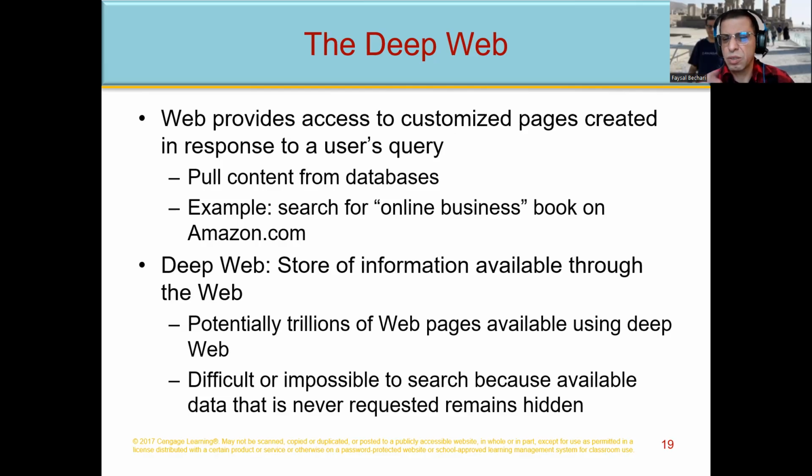Potentially there are a trillion web pages available in the deep web, which most of the time people do not have access to. So that's the reason it's a deep web, and it's usually difficult or impossible to search because it's data that is never requested.